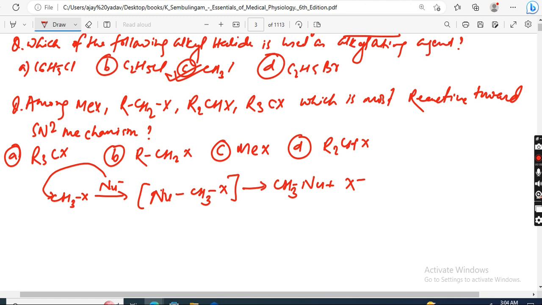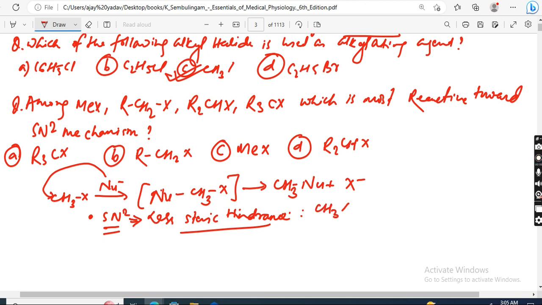This was the process. So if there is more steric hindrance, the SN2 reaction will not take place. SN2 mechanism will happen if there is less steric hindrance, so this will be the order.